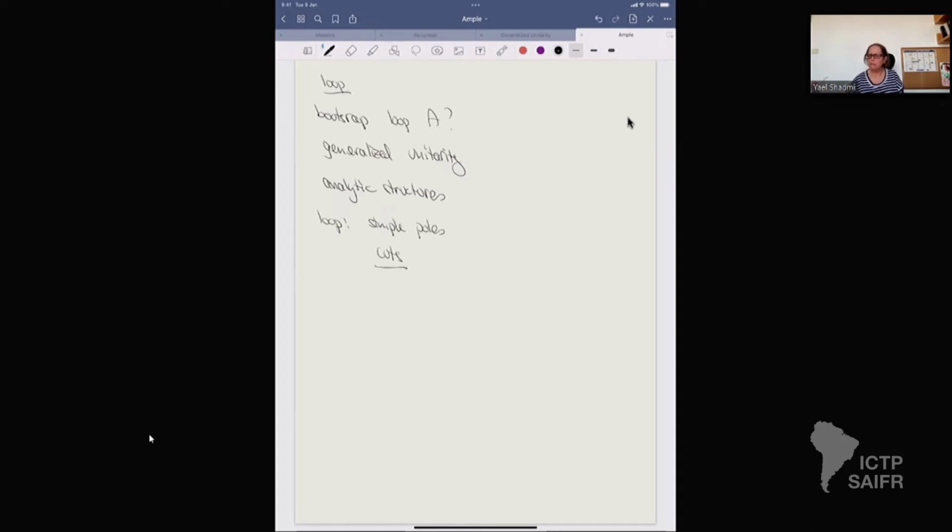So again, what this goes back to is unitarity of the S matrix or the optical theorem.